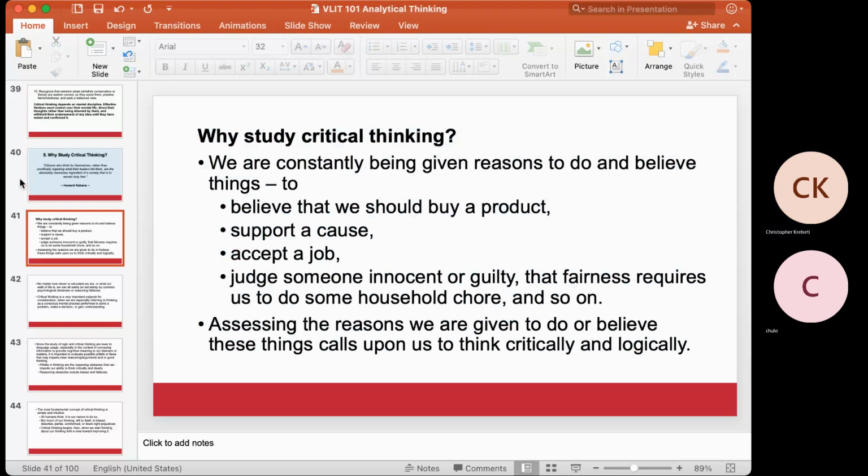For example, believing that we should buy a product. When you get yourself to any TV station or to any radio station, or you go online, any social media platform, there are merits of reason being given to you to buy something. Buy this book, buy this laptop, buy this, that, buy this shoe, buy this cream.